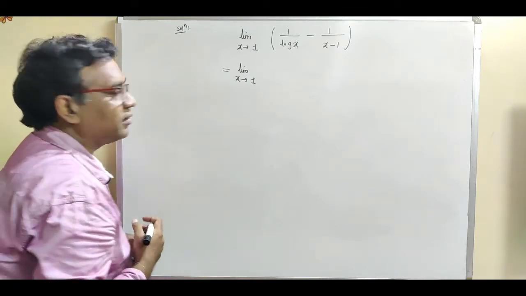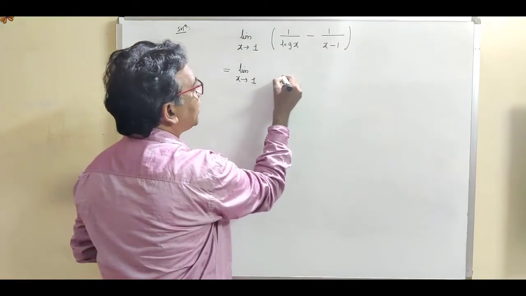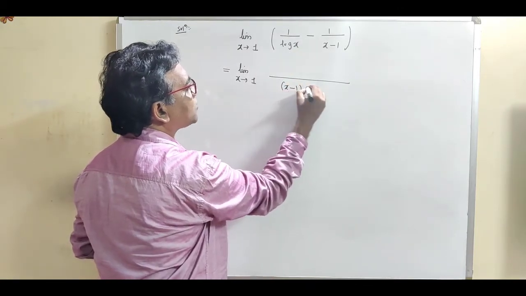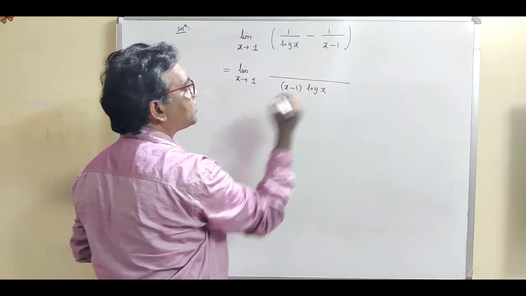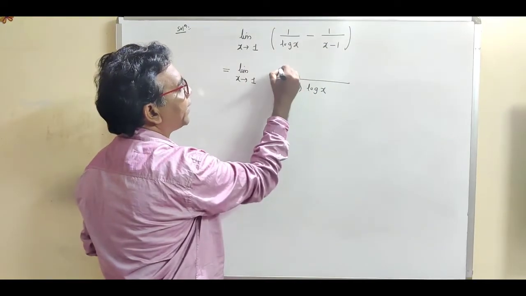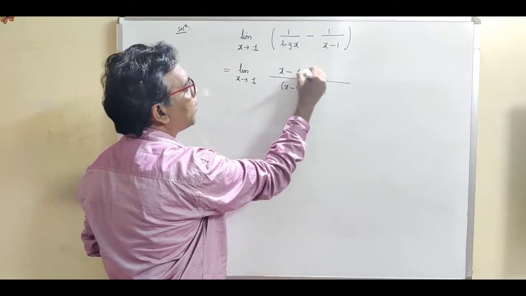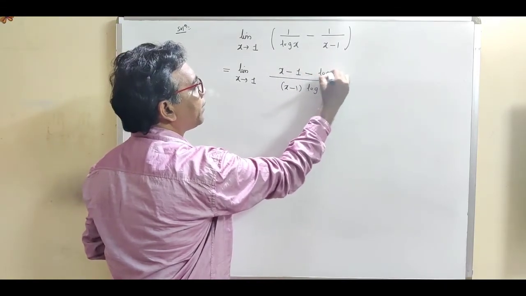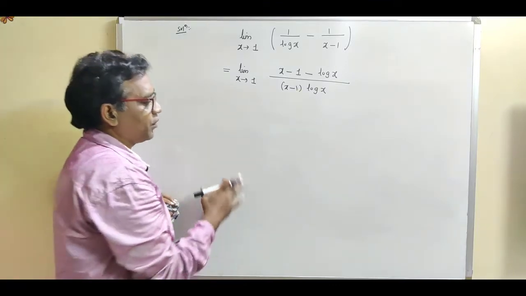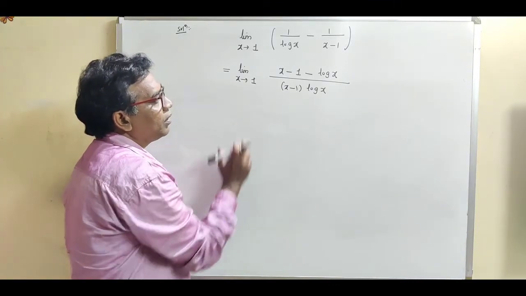So this is limit x tends to 1. Now take the LCM, just take the product: x minus 1 into log x is the LCM, and just cross multiply. This is x minus 1 minus, cross multiplied by log x. So obviously this is the division form, f(x) upon g(x).